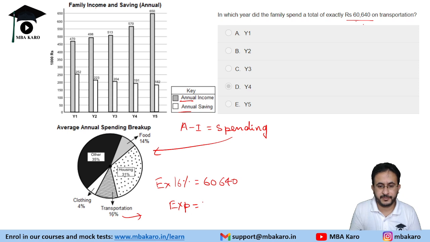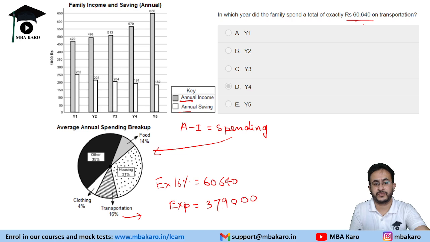So expenditure divided by 16, we will get 16 into 3 is 48, then 12, 126, 7 times is 112, 44. So 3790. Or basically, since this is into 100, so 379,000. 379,000 is the total expenditure.